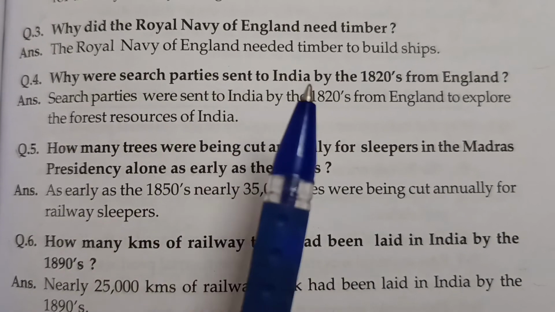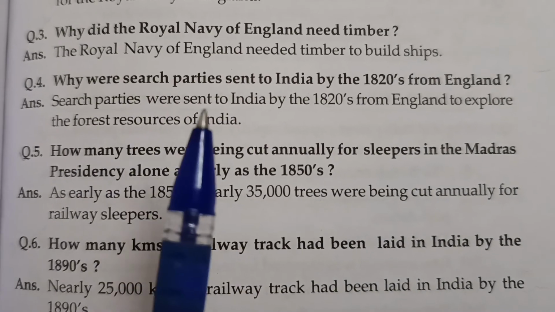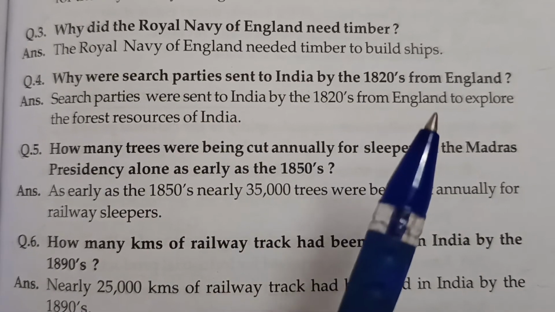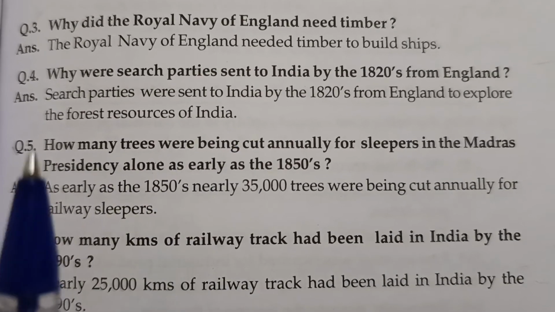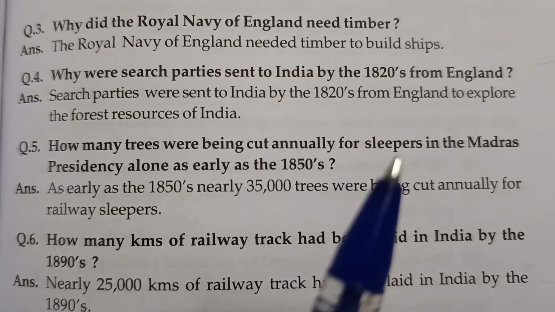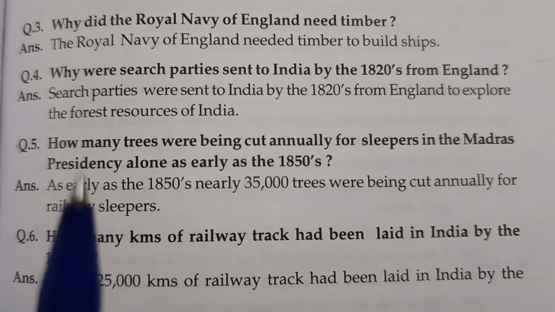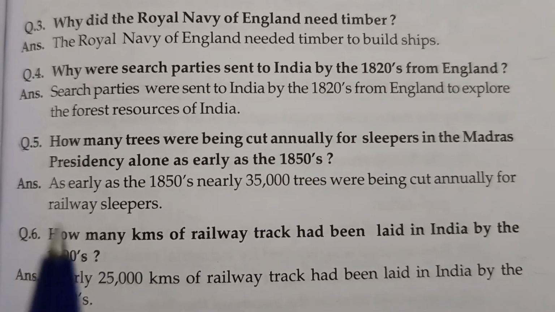Why were search parties sent to India by 1820s from England? Search parties were sent to India by 1820s from England to explore the forest resources of India. How many trees were being cut annually for sleepers in the Madras Presidency as early as 1850s?